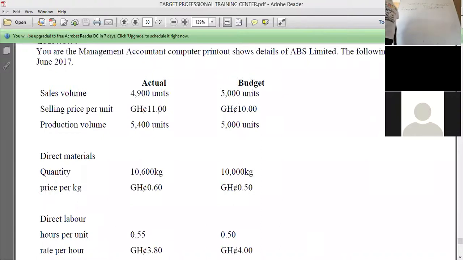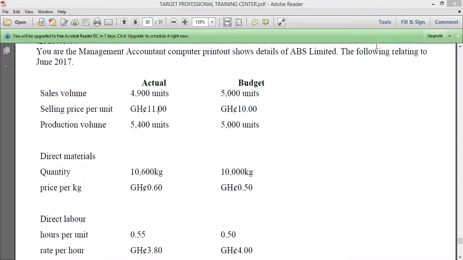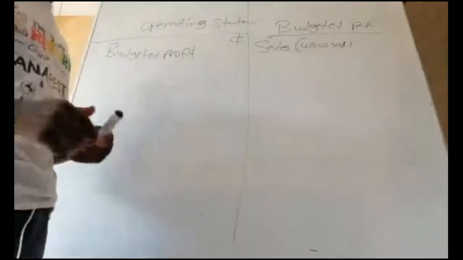So the budget is 5,000 against 10 Ghana cedis. So it means that the sales revenue should be 50,000. So that would be 5,000 by 10 Ghana cedis. That will give us 50,000.